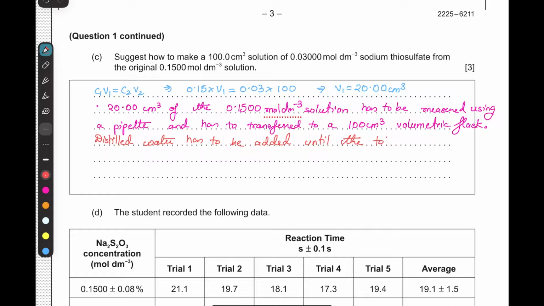Until the total volume, and has to be shaken such that everything gets mixed.